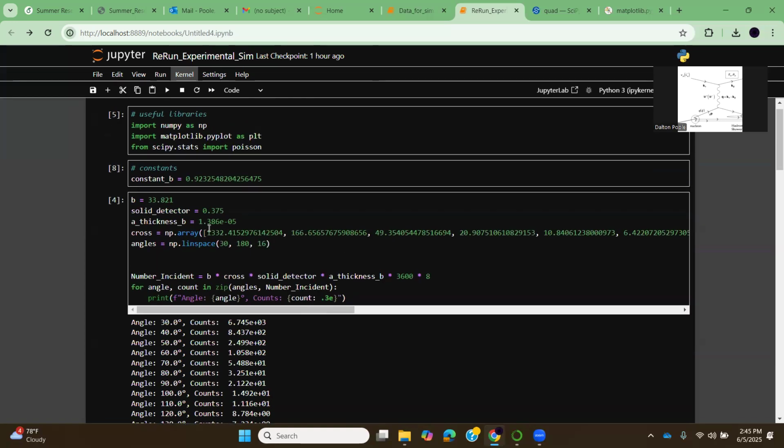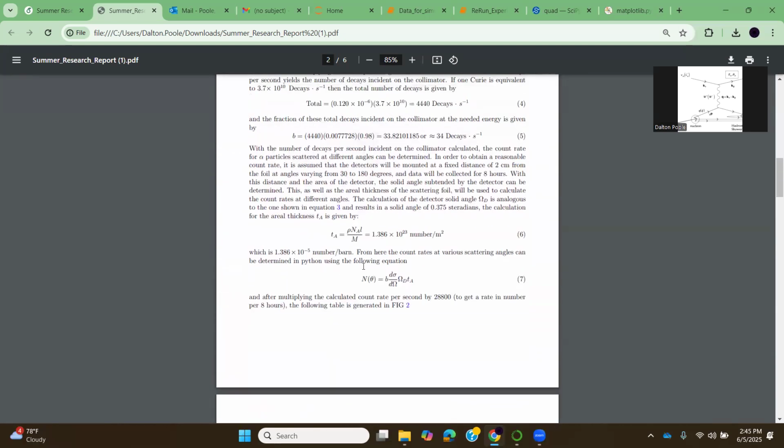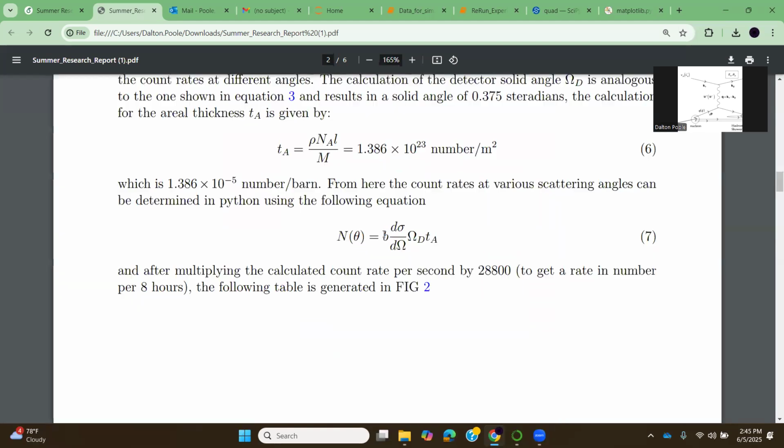The equation I'm actually using here, I have it in my research report that I've been writing. This is the equation, where that's the cross section, the number of incident alpha particles, the solid angle of the detector, and the areal thickness of the foil, and that gives us a count rate. What we'll do soon is work backwards and rearrange this for cross section and generate our data.